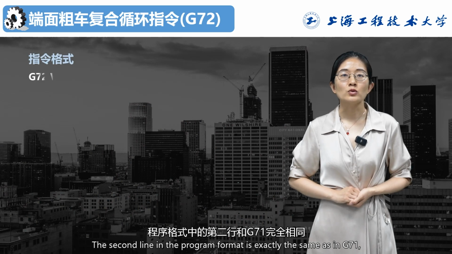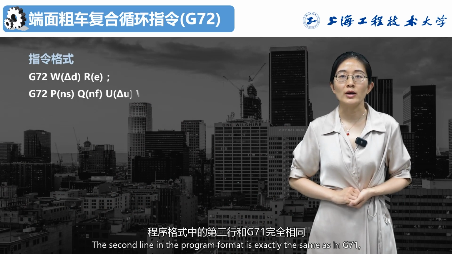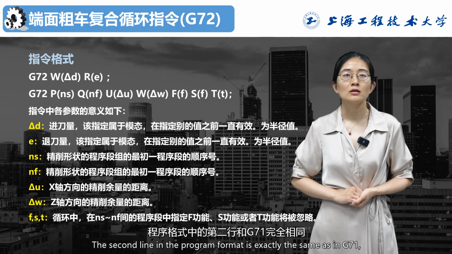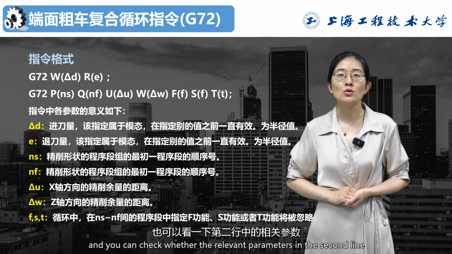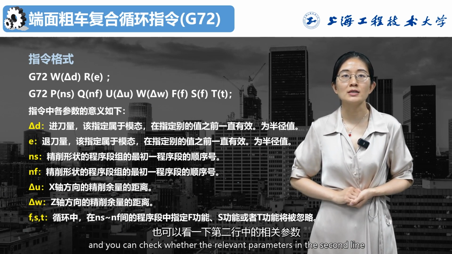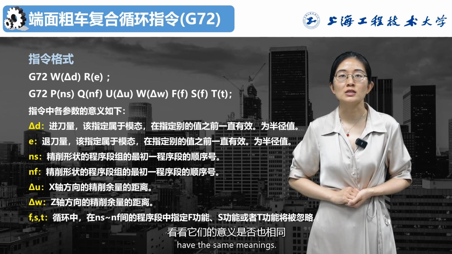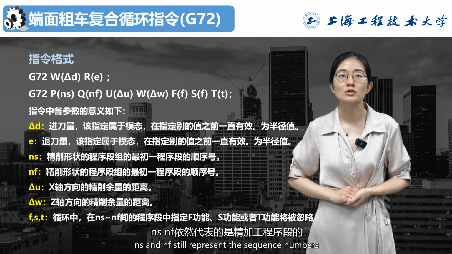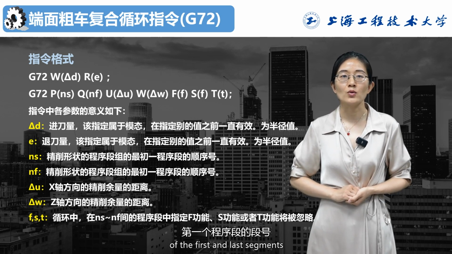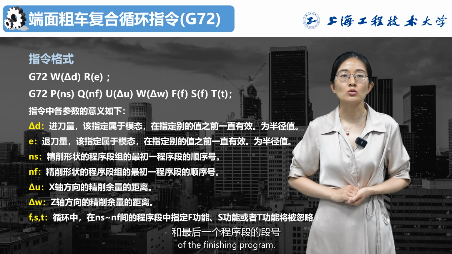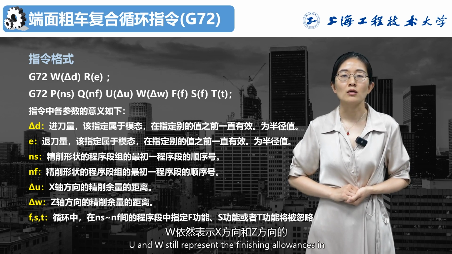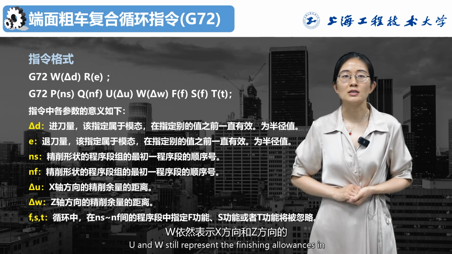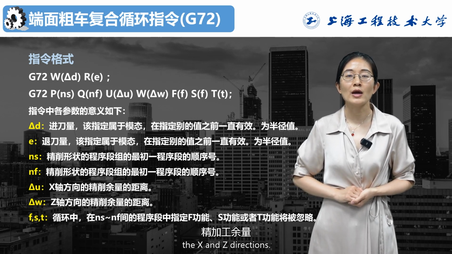The second line in the program format is exactly the same as in G71, and you can check whether the relevant parameters in the second line have the same meanings. NS and NF still represent the sequence numbers of the first and last segments of the finishing program. U and W still represent the finishing allowances in the X and Z directions.